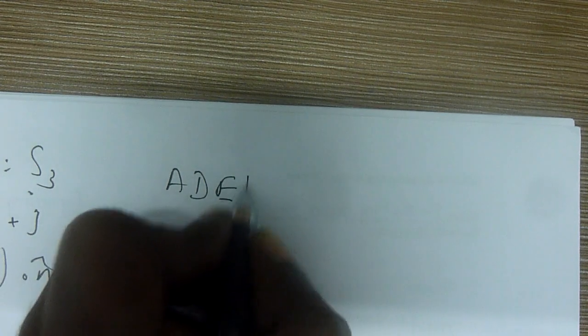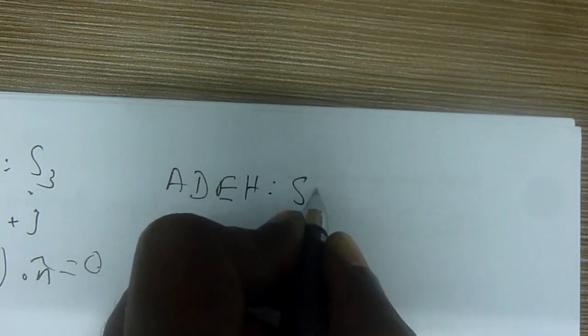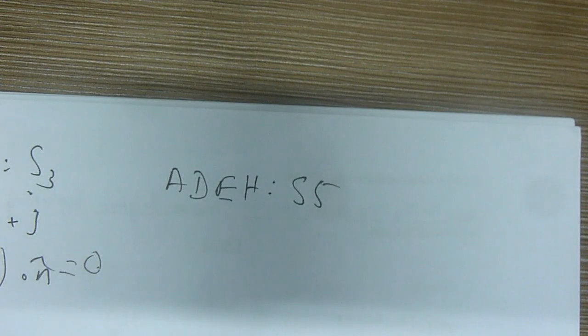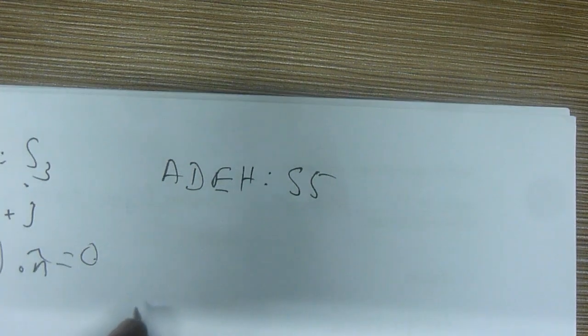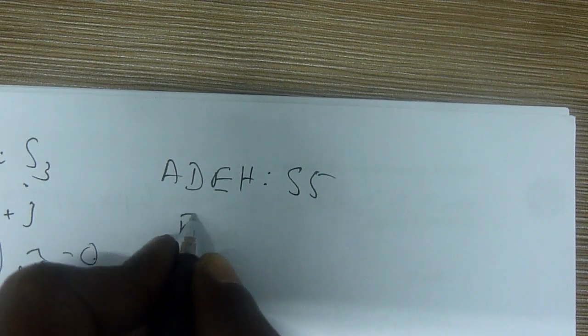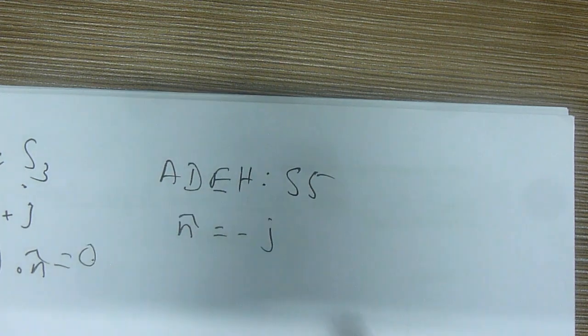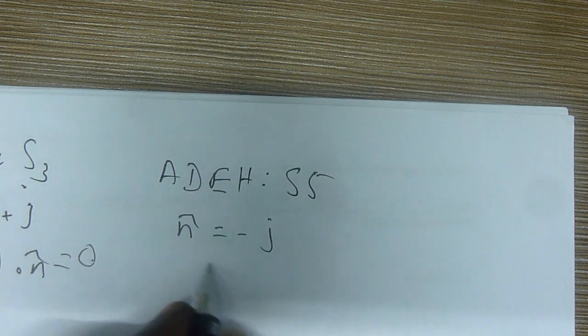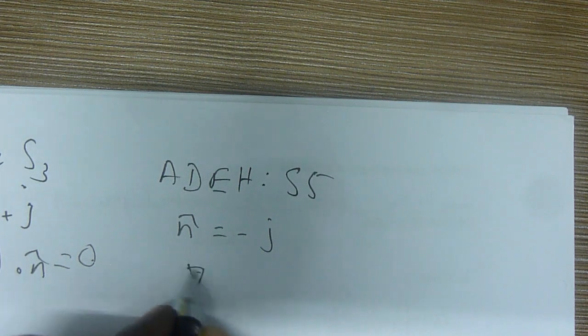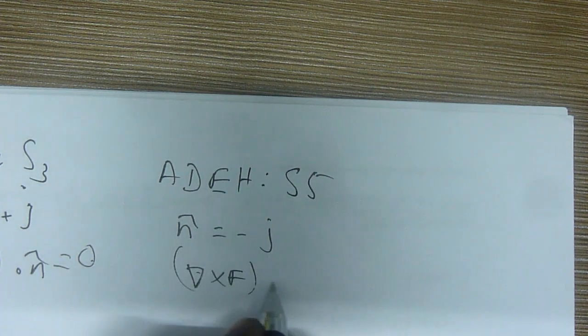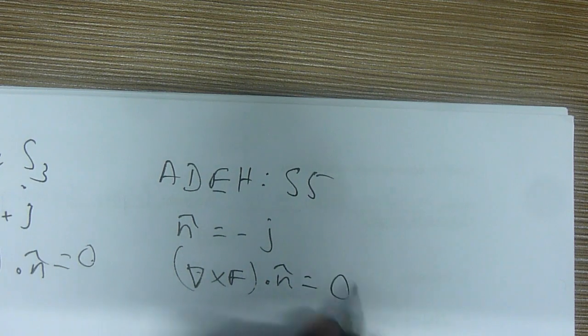Maybe you say, sir, can just guess. But not all the time. In this case n is negative j, therefore del cross F dot with n is of course 0.